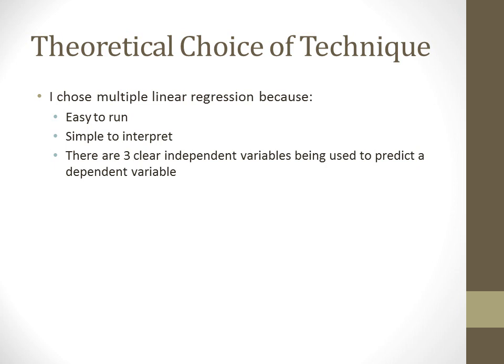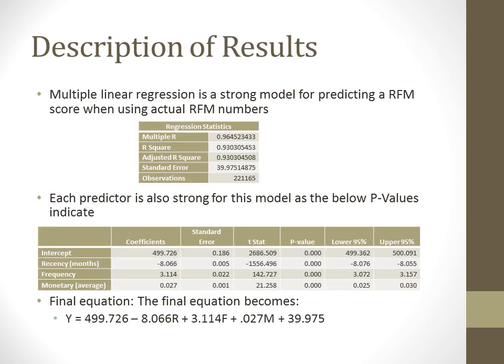So I wanted to develop that because we will be getting the data from cross-country computers readied in RFM already. So I won't have to do the first step, rolling up all the data moving forward with cross-country computers. I just had to do it this one time for this project, and to be able to give them that 1 through 5 score in each of the 3 independent variables.